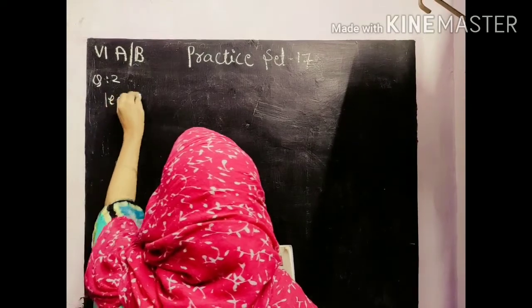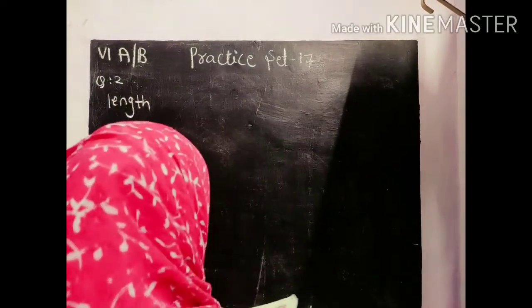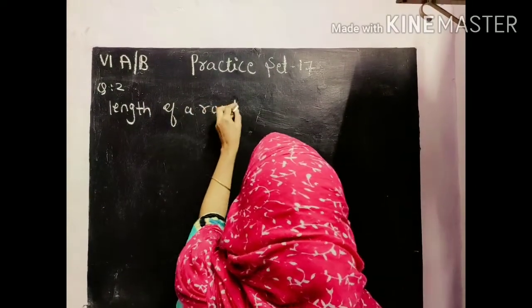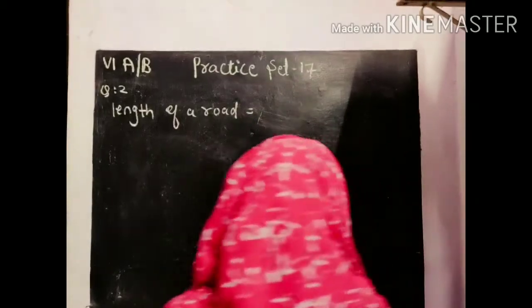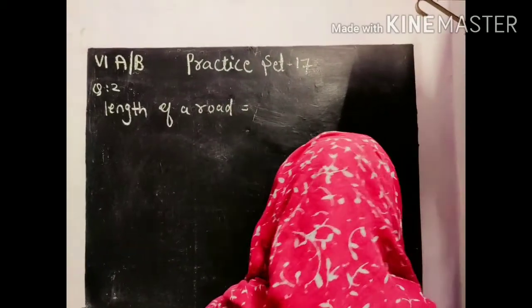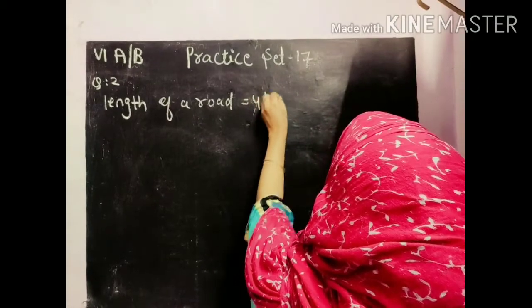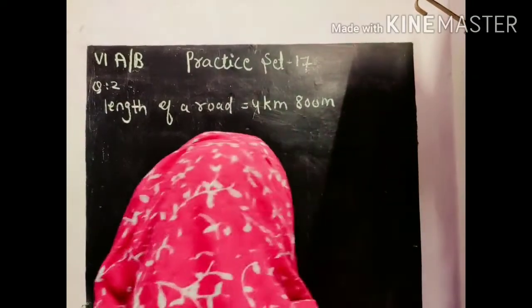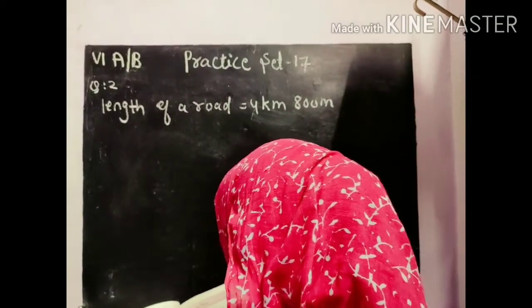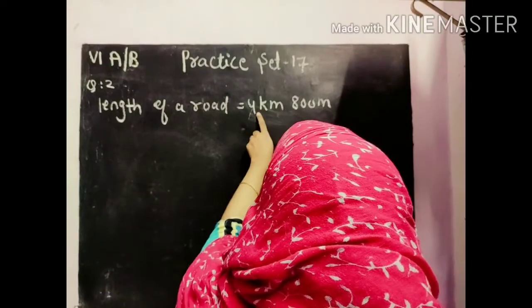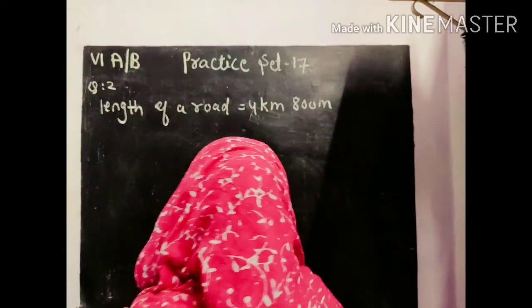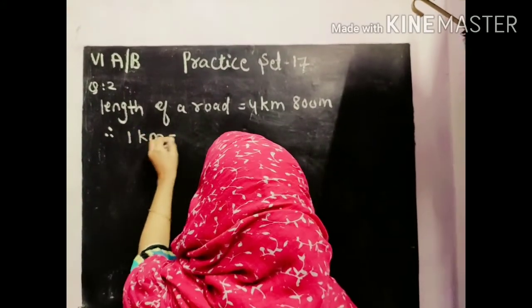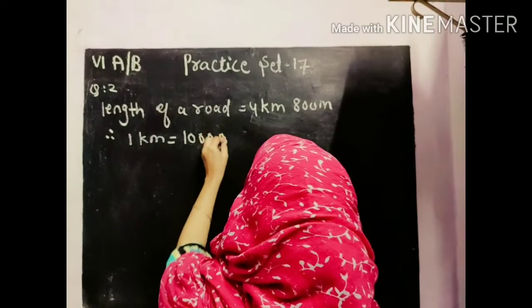The length of a road is how much? 4 kilometer and 800 meter, but the distance has been given in meter, so we have to convert this kilometer into meter. How will we convert it? 1 kilometer is equal to 1000 meter.